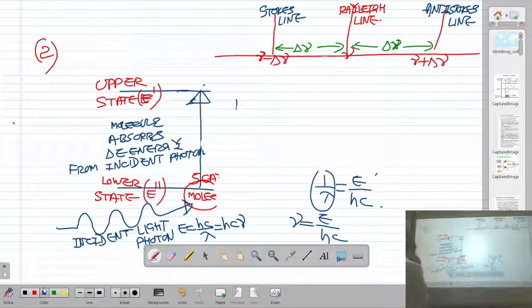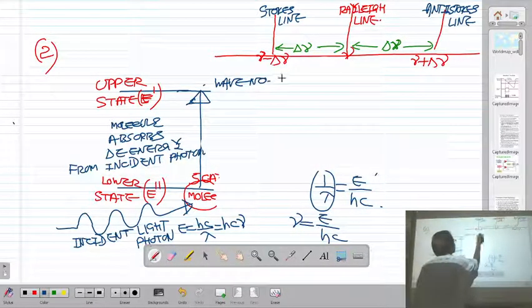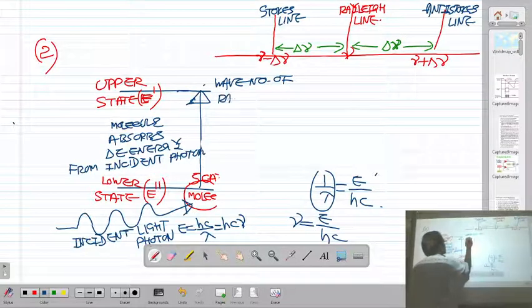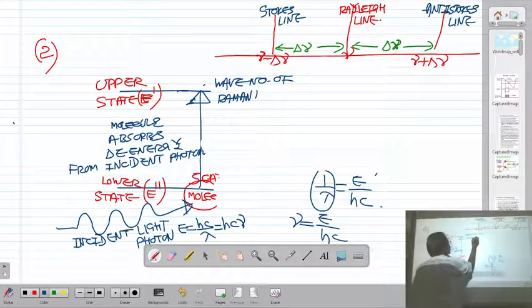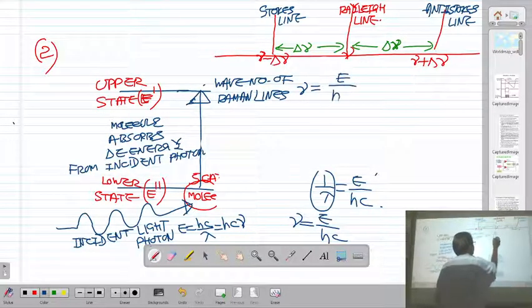So the wave number of Raman lines is equal to E upon hc.